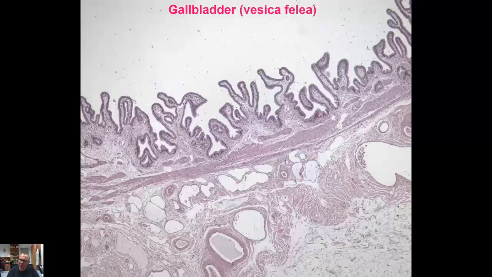I will demonstrate the structure of all extrahepatic bile ducts in the wall of the gallbladder. Unfortunately, I haven't got any picture of another bile duct, but the wall has the same composition.